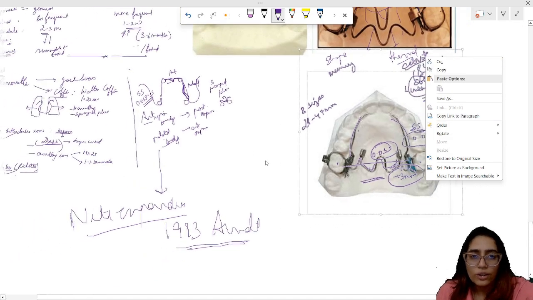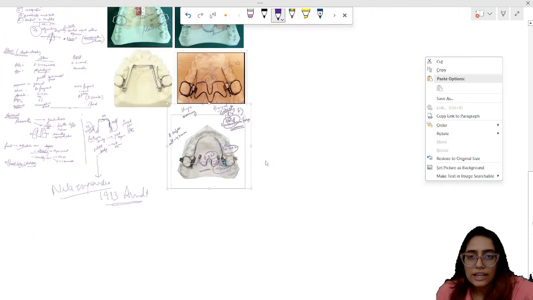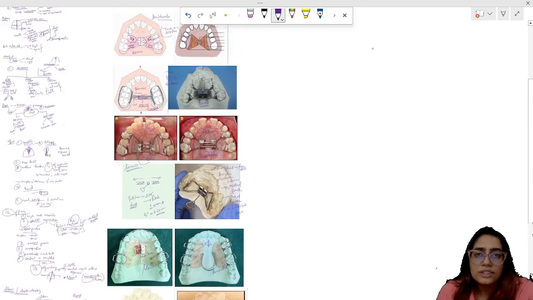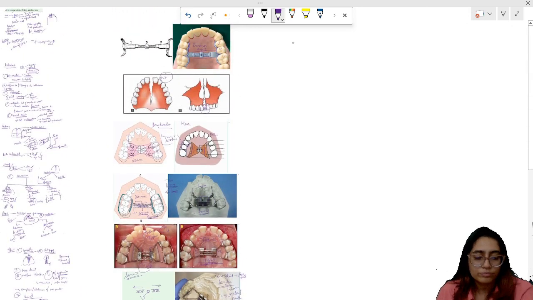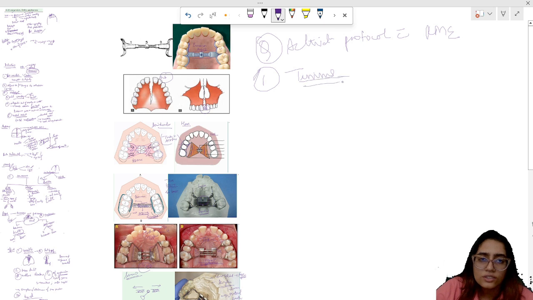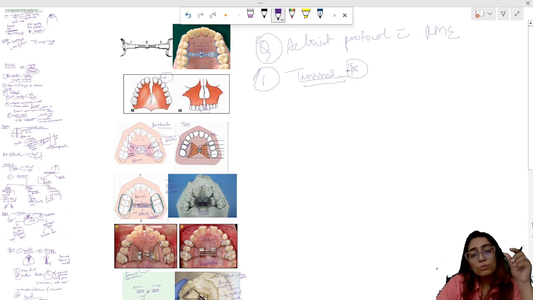Now there is a very important thing that you need to remember. Again, it has been asked, so I'll take you here. This is the activation protocol. The question has been asked several times about the activation protocol with rapid maxillary expansion. There are two that you need to remember. One is given by Timms. Timms has his whole book on the expansion devices, right?